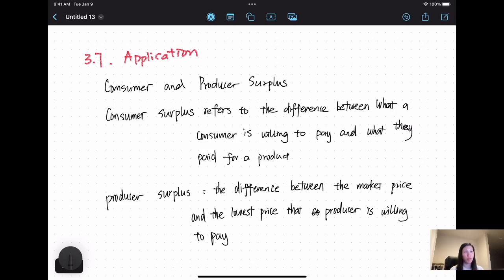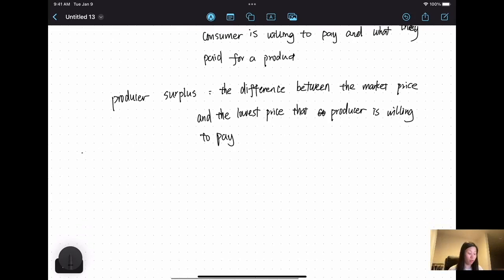So remember, there is a demand and supply function. For a demand function, if the price goes up, what happens? Well, if the price goes up, as a consumer you will be less likely to buy the product. So that means the quantity of the product is going to go down.